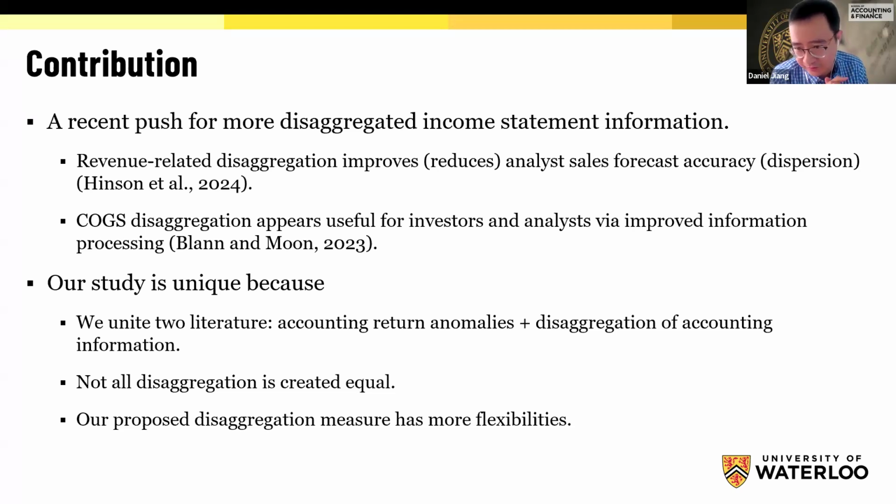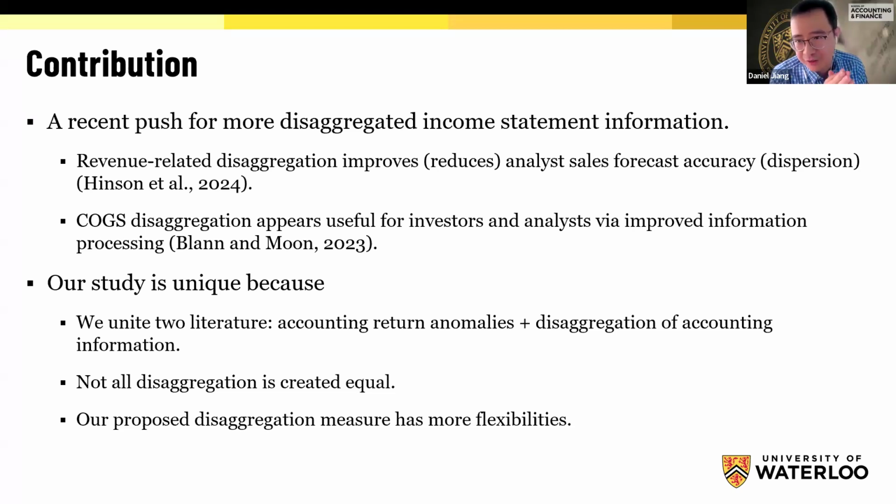If it is the risk story, then in my mind it doesn't matter how granular your disclosure is, you can always earn some abnormal returns because of the existence of the risk. So I don't think the debate about whether it is mispricing or risk is settled.